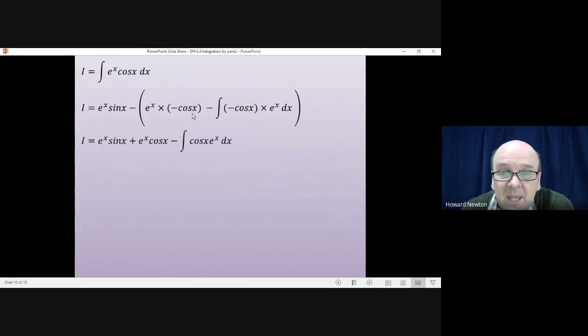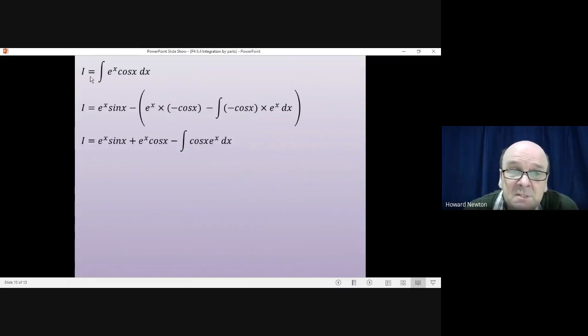This integral here, when I take away the brackets, when I work carefully with the minuses, gives me this: the integral I'm trying to find is e to the x sine x plus e to the x cos x minus this integral. Now, this integral is the question. We were asked to integrate e to the x cos x right back at the beginning.